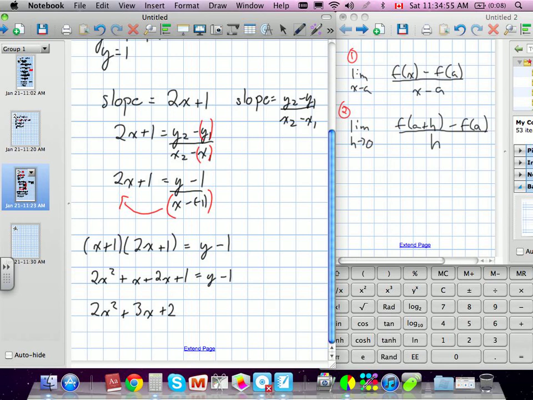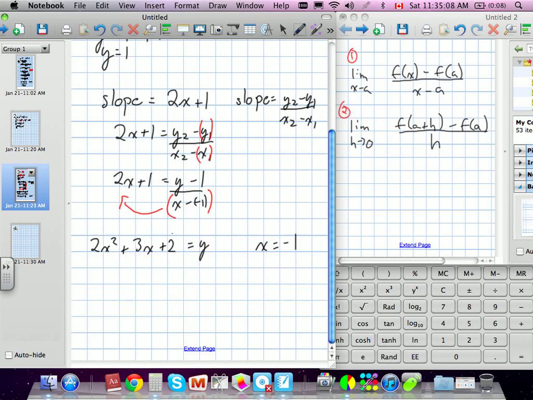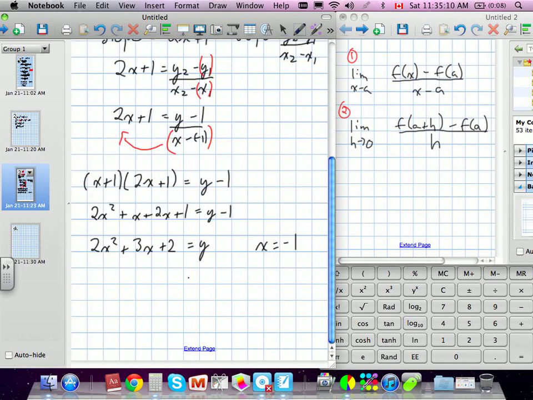Now we're looking for this coordinate when x is equal to -1. We're looking for the slope of this, right? So again, once we've done this and we've set it all up, we're going to replace our x's with -1. We're looking at it at that point. So we get 2 times -1 squared plus 3 times -1 plus 2 equal to y.